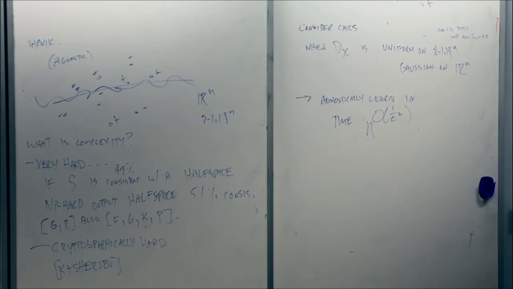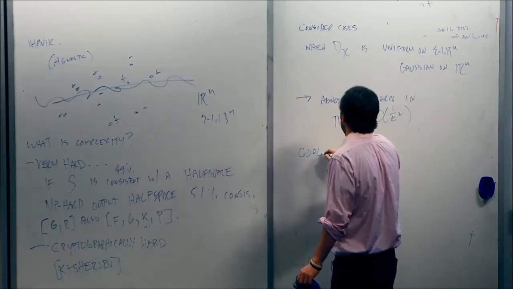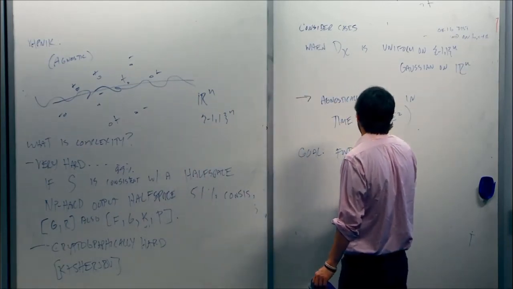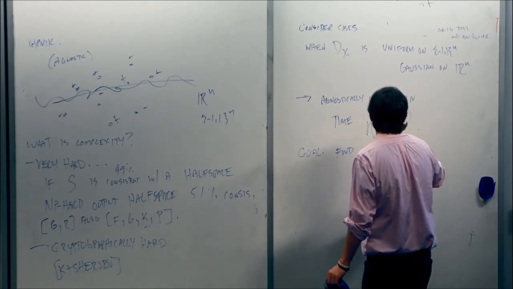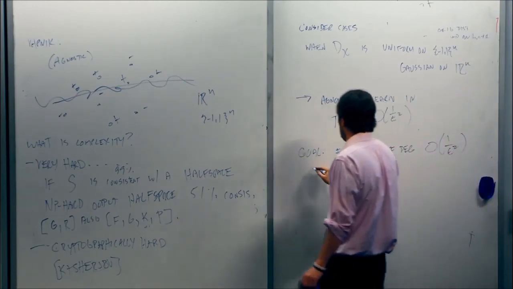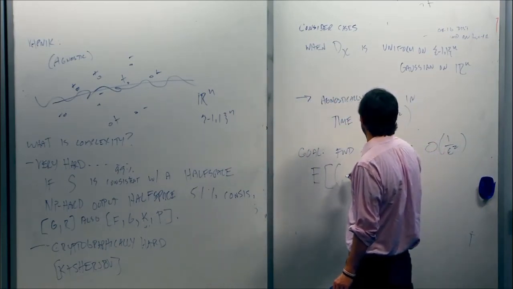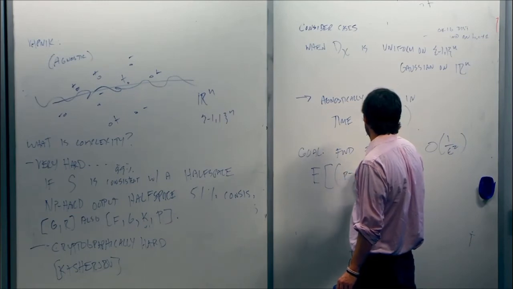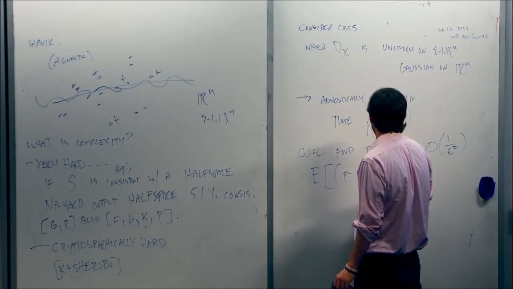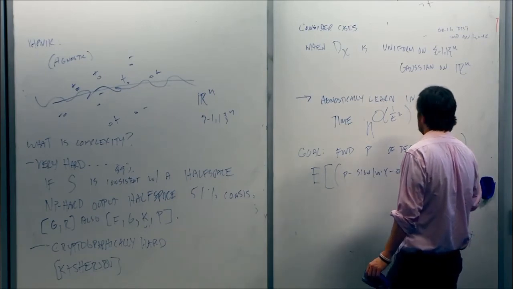So the goal here will be to find a polynomial p of degree order 1 over epsilon squared such that the expectation of (p(x) - sign(w·x - theta)) squared is at most epsilon.